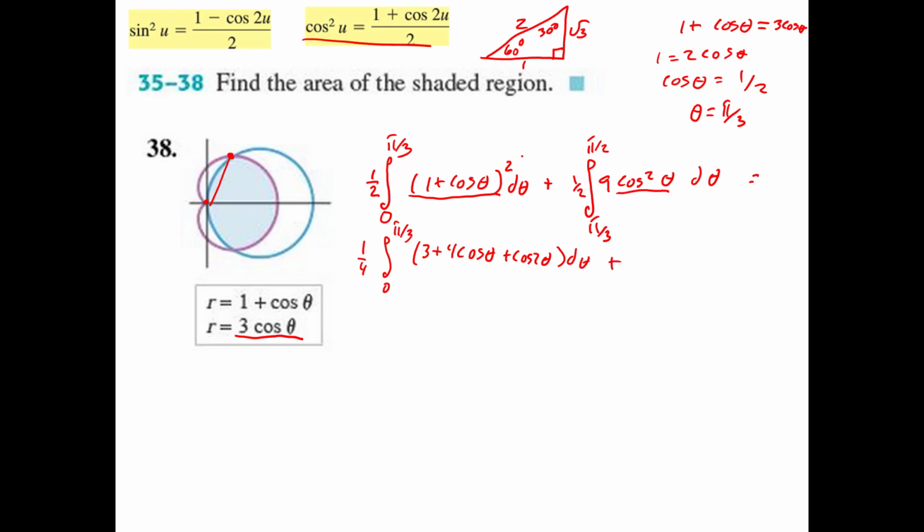We're going to apply this formula up here. We can pull out the 9, so then we'll have 9/2 definite integral from pi over 3 to pi over 2. And we end up with 1 plus, we already had a 2 on there, so this is going to become a 4. And we will have 1 plus the cosine of 2 theta.